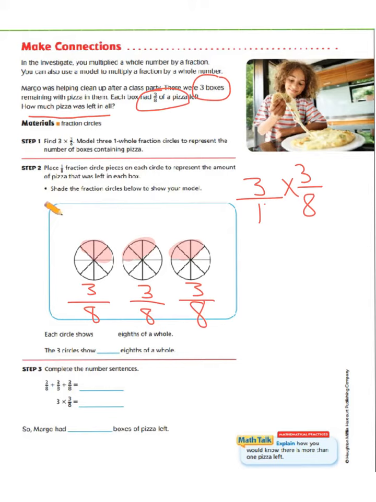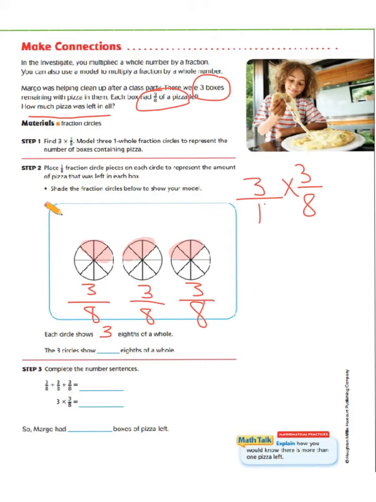So now let's take a look at step 2. It says place 1/8 fraction circle pieces on each circle to represent the amount of pizza that was left in each box. We already did that when we shaded it. So each circle shows, and we've already written this out, 3/8 of a whole.